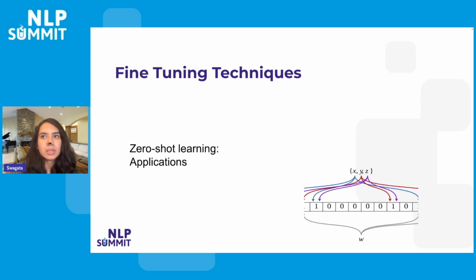Moving to the next technique, which is called zero shot learning. As the name suggests, in zero shot learning the model is expected to perform tasks for which it has not seen any example during the training. So it leverages the knowledge that it learned during pre-training to understand and respond to tasks or prompts that it hasn't been explicitly trained on.